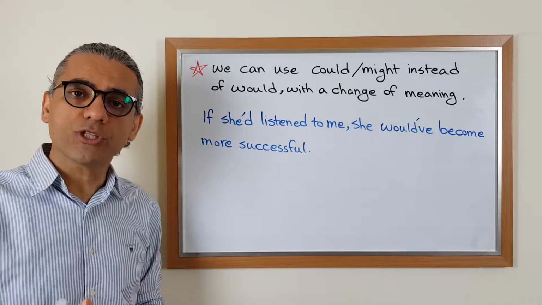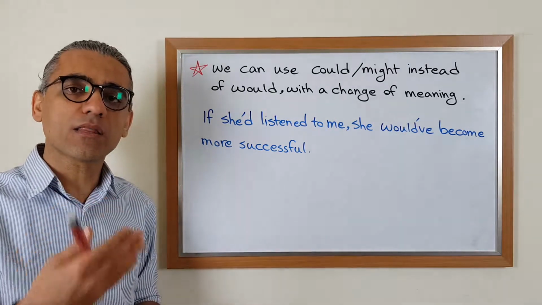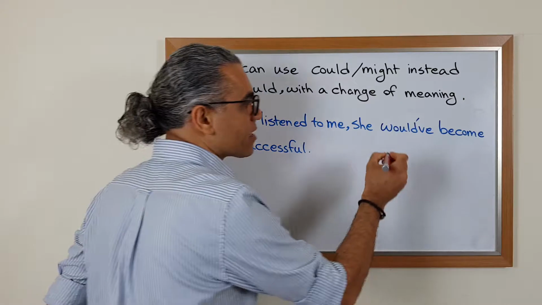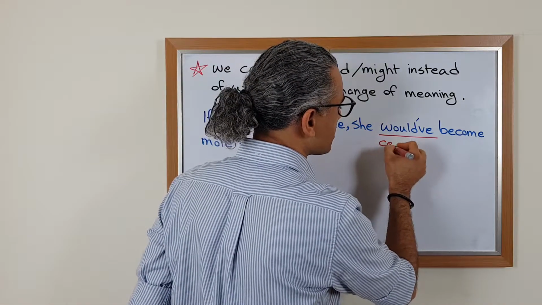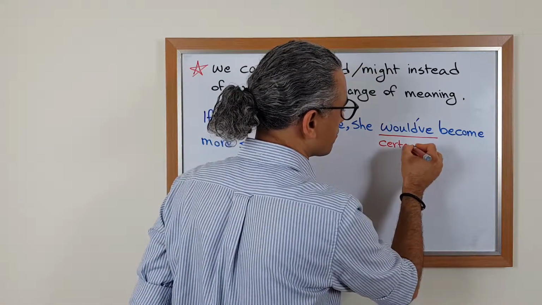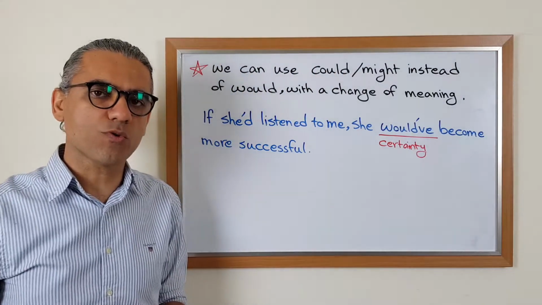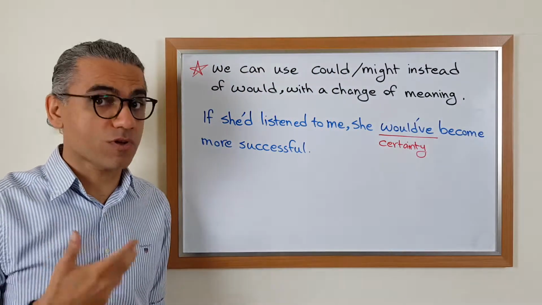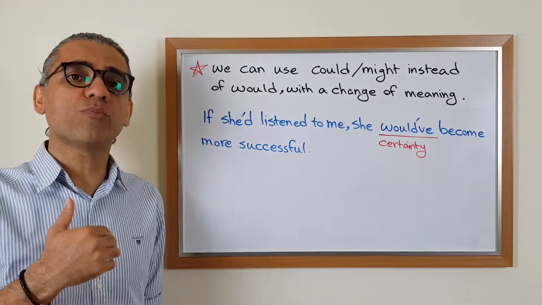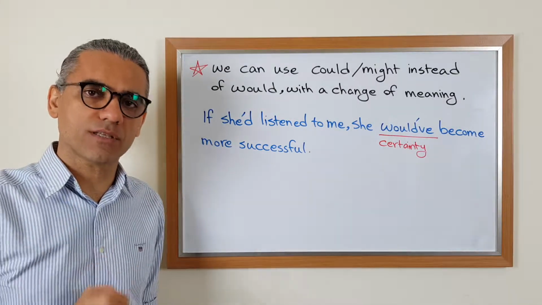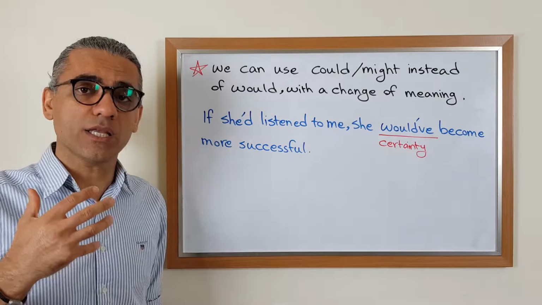When you use would in a second conditional or in a third conditional, this expresses certainty. So when you use, for example, if I were richer, second conditional, I would buy that house, it means I would definitely do that. It is certain in your mind.